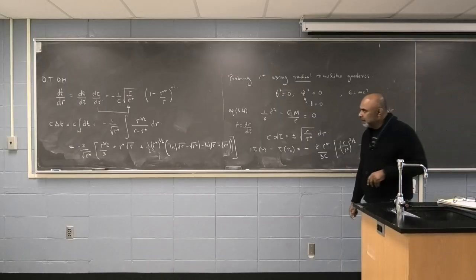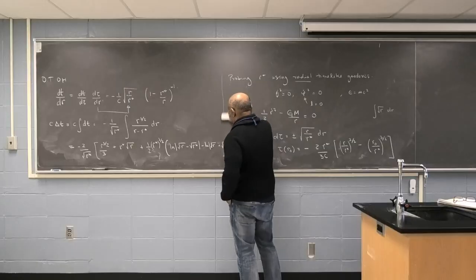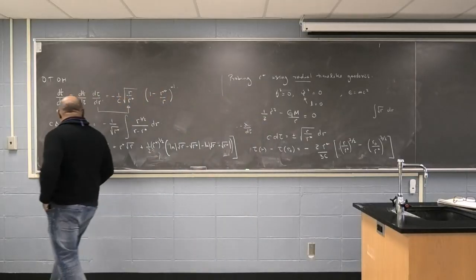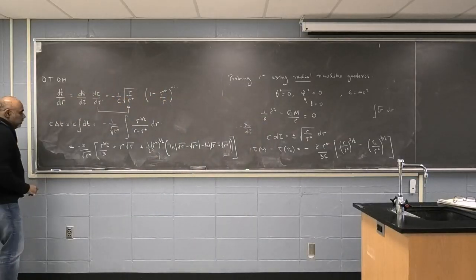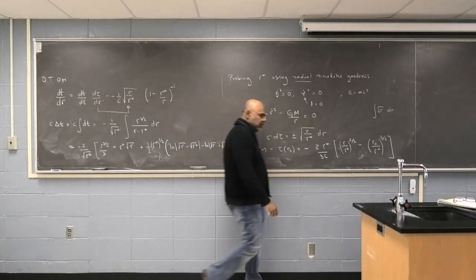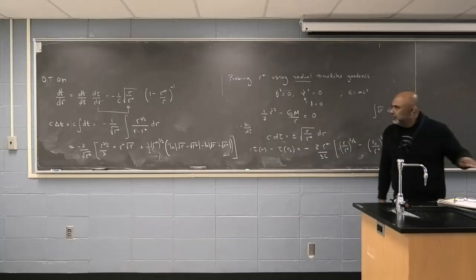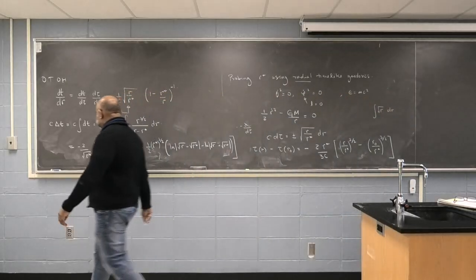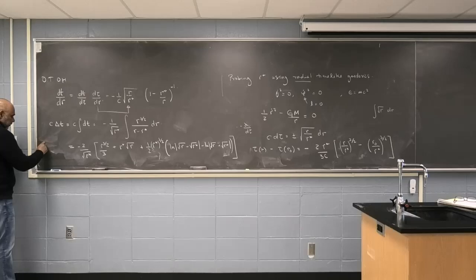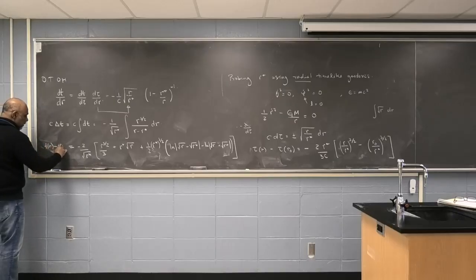So then I say, oh, so this is C delta T or just, so this is C of T evaluated at the location R. Let me even do it this way: T at the location R minus T at the location R0.